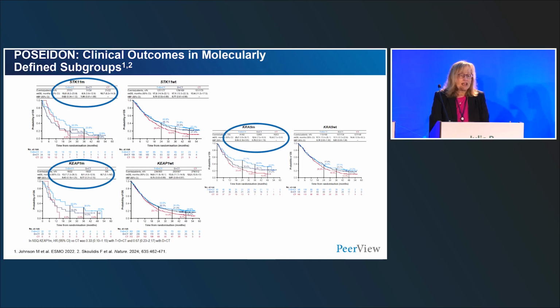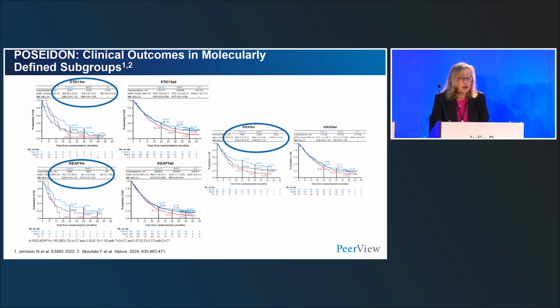The trial that has looked at this even more extensively is POSEIDON, looking at these subgroups. At the top left, STK11 mutant disease compared to wild type. You can see the combination of durva, tremi, plus chemotherapy definitely does better compared to chemo, or even durvalumab by itself with chemotherapy.